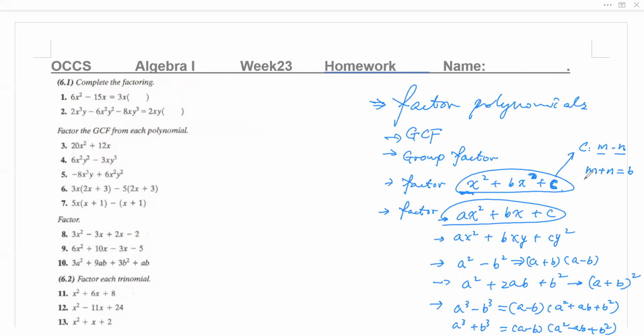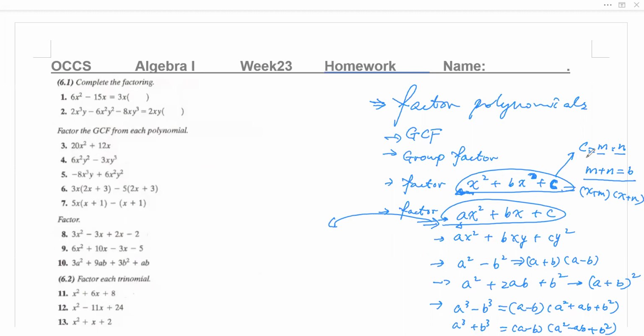If they match b, then we can factor into x plus m, x plus n, right? And when they change to this situation, when the coefficient in front of x squared is not 1, how to factor this one? Actually, last week we focused on this one.